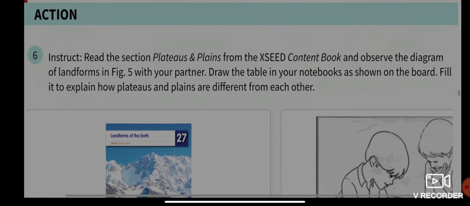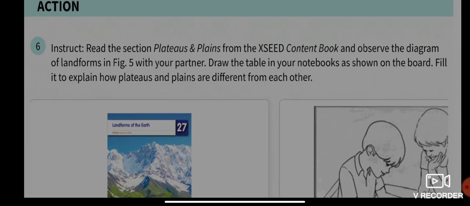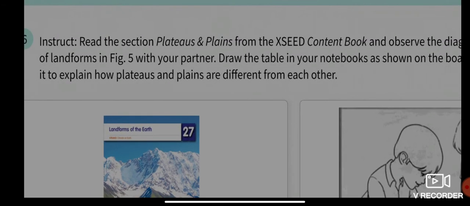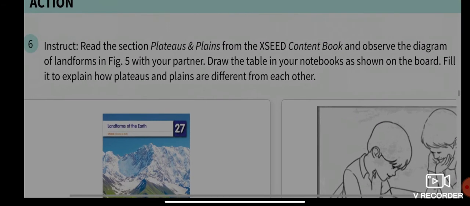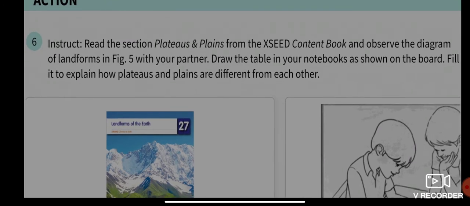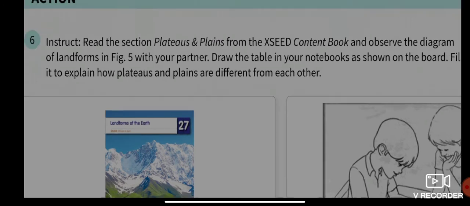Now, after copying the table into your notebook, please read the section plateaus and plains from your exit content book, okay? And observe the diagram of landforms in figure 5.